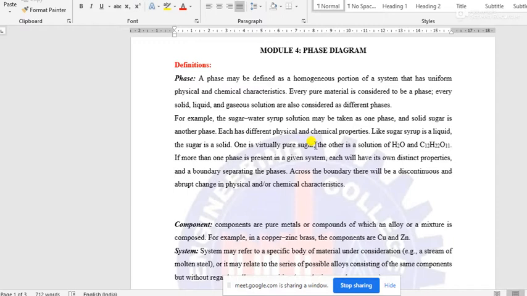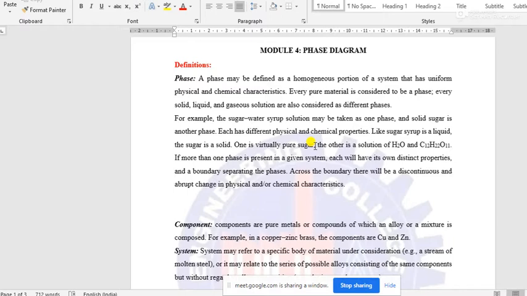After that the sugar will not dissolve in the syrup, and some portion of solid sugar will remain in the solution. In that case, after the saturated system of sugar water syrup, there will be two different phases. One is sugar water syrup, that is the liquid phase, and one is solid sugar, that is the solid phase.